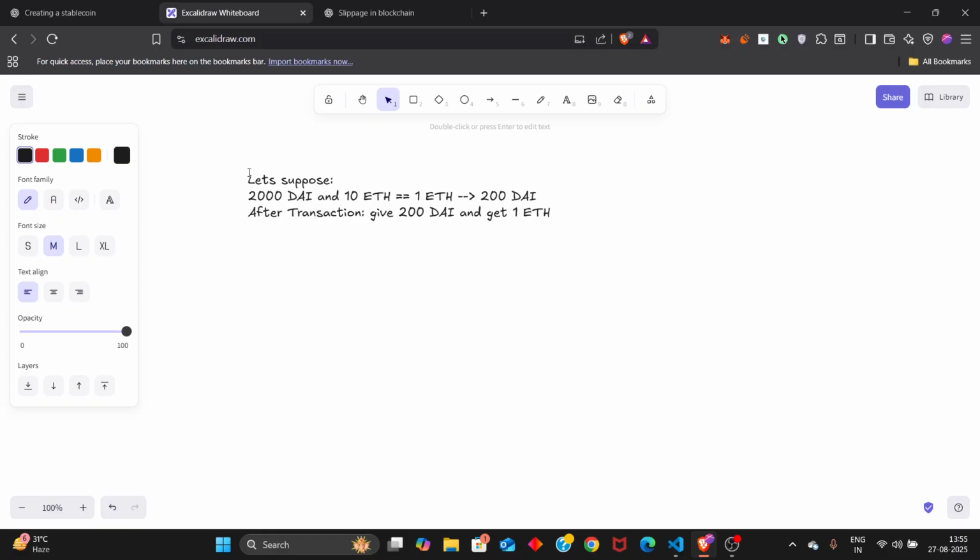So the new liquidity amount is 2200 DAI and 9 ETH.